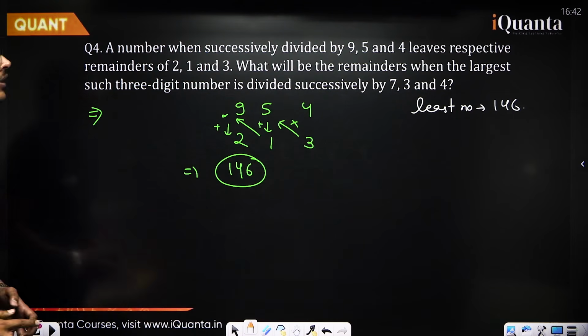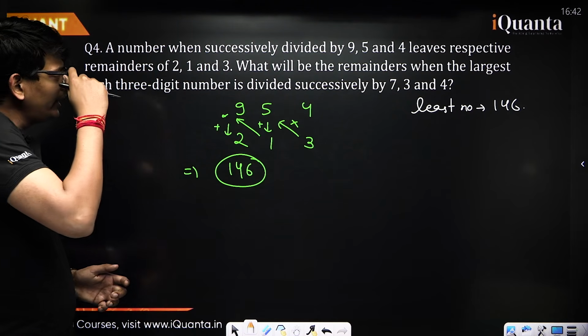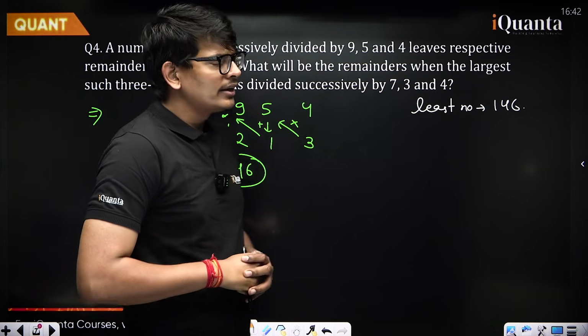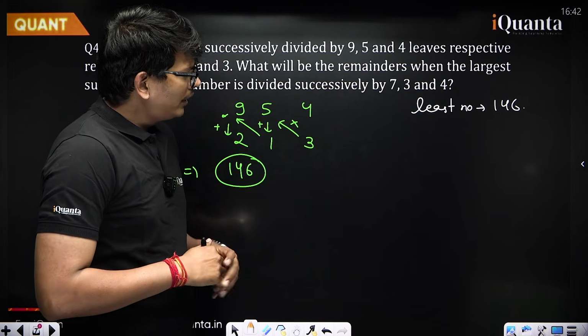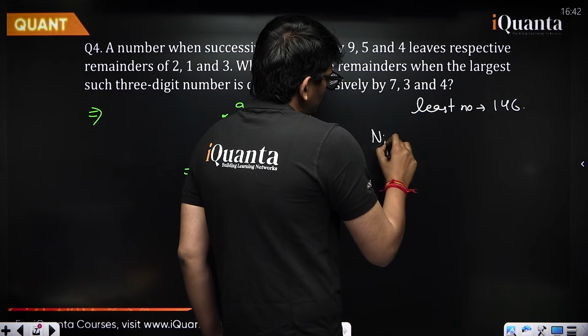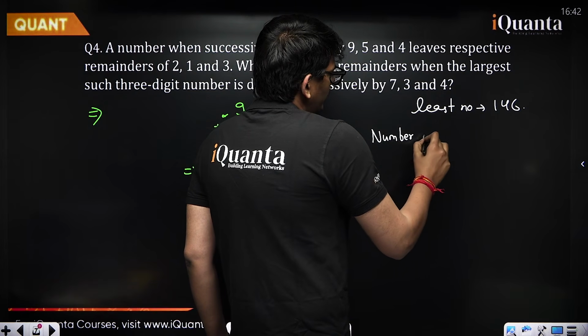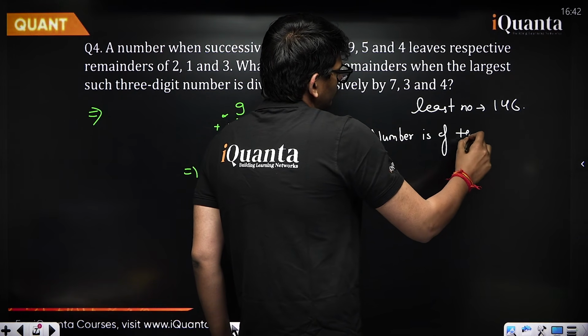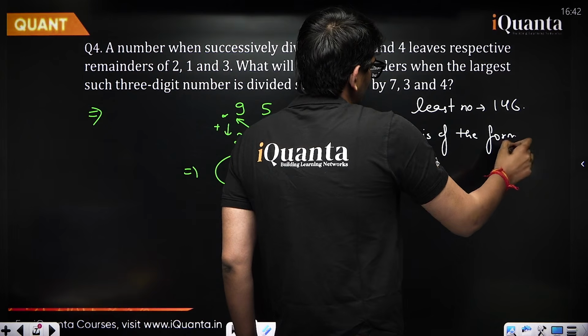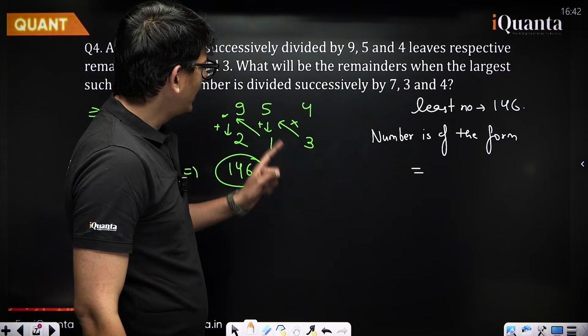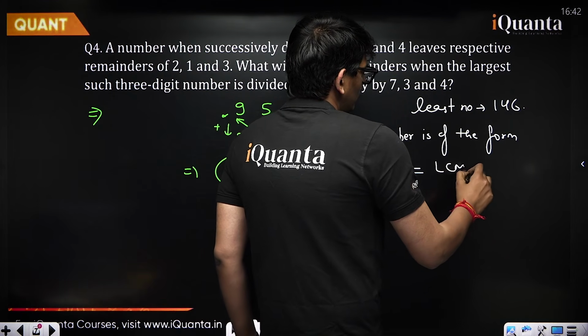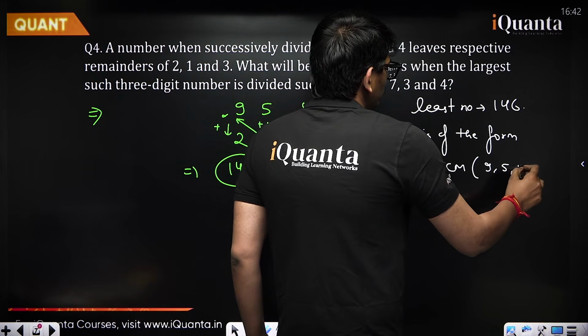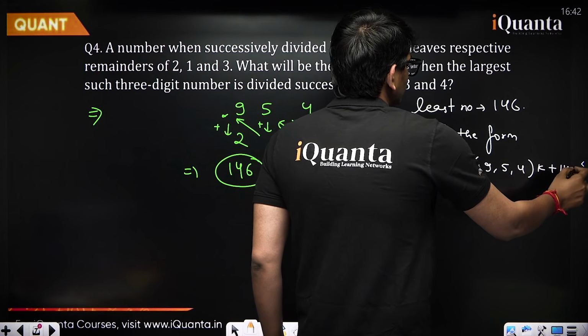Question says, what will be the remainders when the largest such 3-digit number is divided successively by 7, 3 and 4? Now, if you observe, the number is of the form LCM of 954, K plus 146.